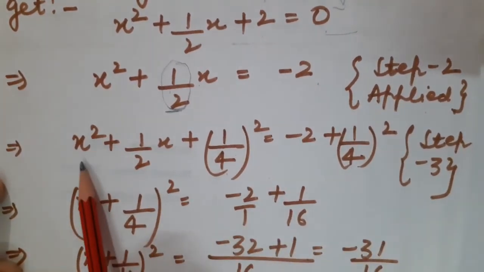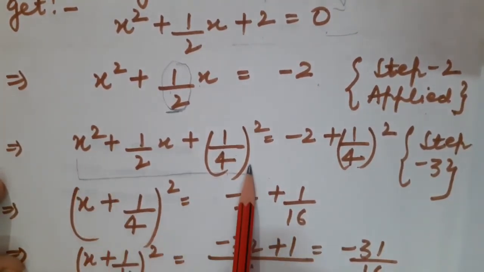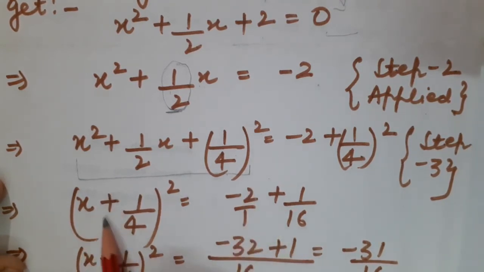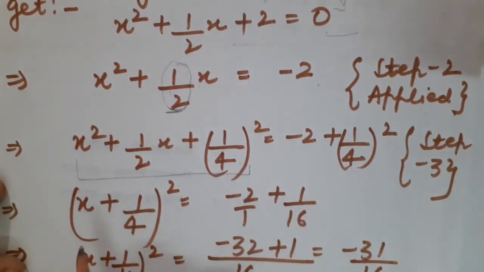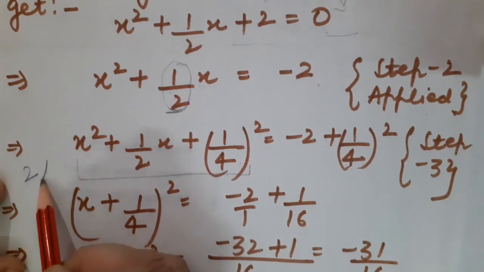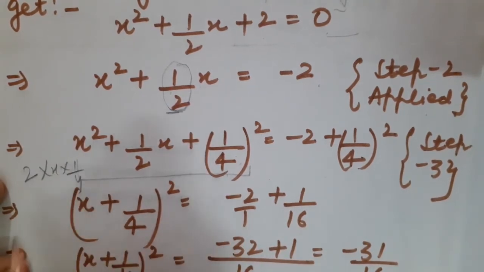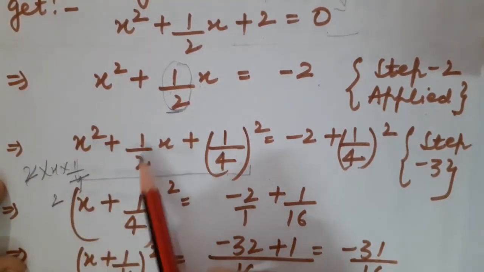Now this complete is nothing but identity of a plus b whole square. Look, this is x plus 1 upon 4 whole square. Check it. This is a square, that is x square, plus b square, that is 1 upon 4 whole square, means 1 upon 16, plus 2 into a into b, that is 2 into x into 1 by 4. That would become x by 2.